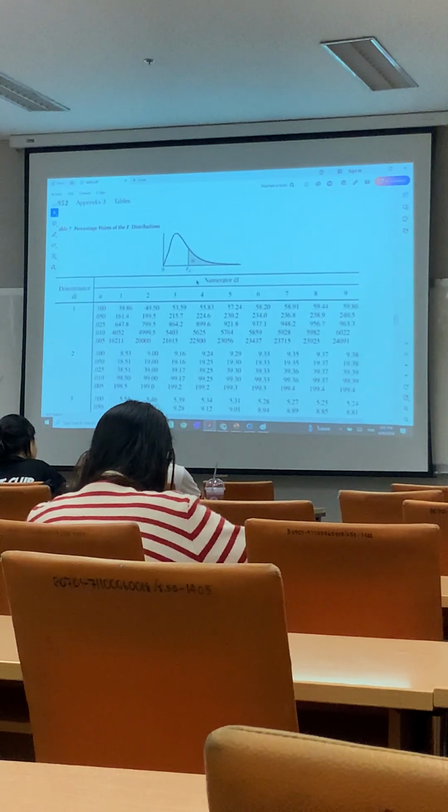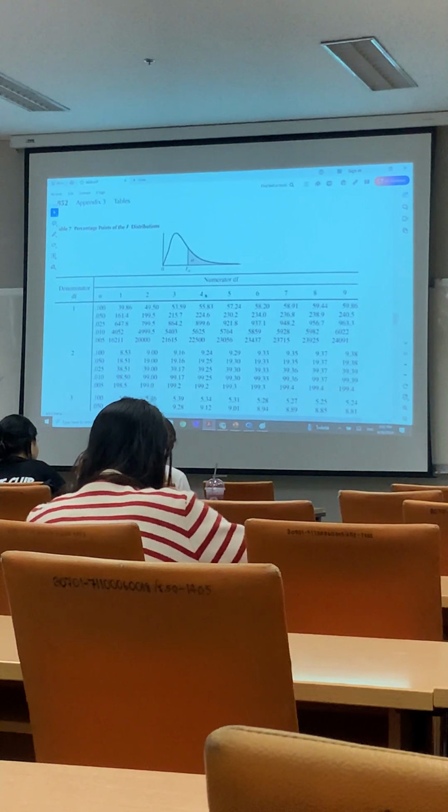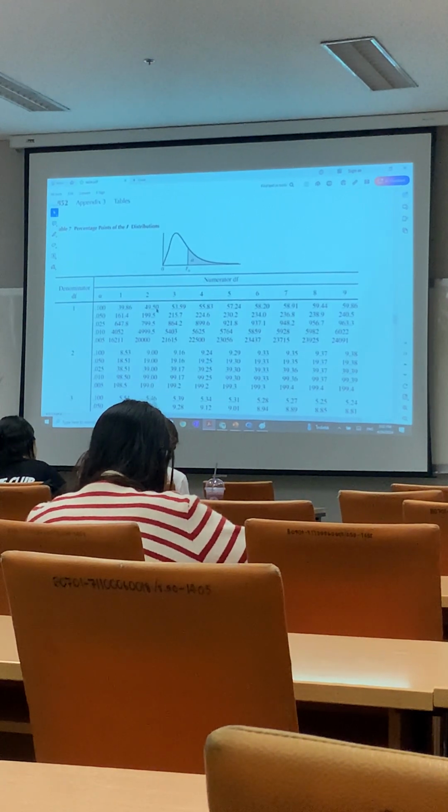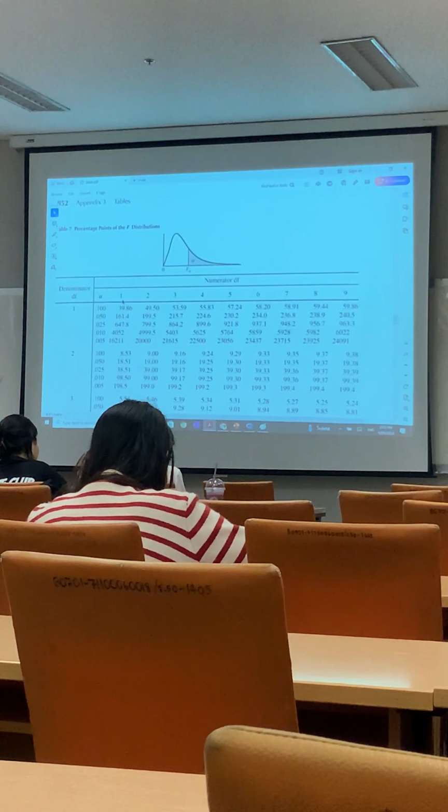So you can see in this table you have the numerator degree of freedom on the top, one for each column, and then you have the denominator degree of freedom on the left, right? So this first set of information has different numerator degrees of freedom, but the denominator degree of freedom is always 1.